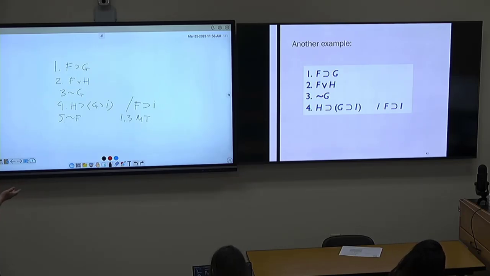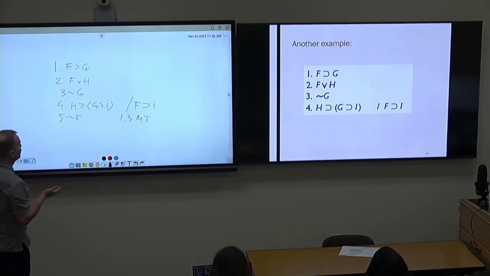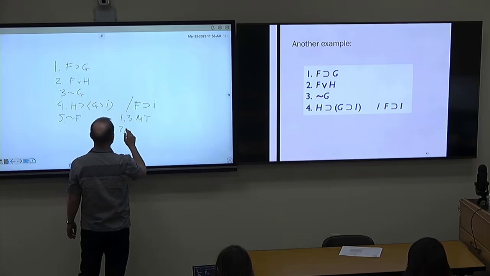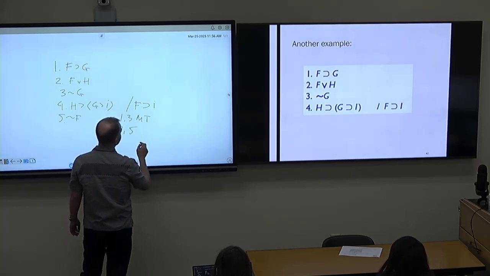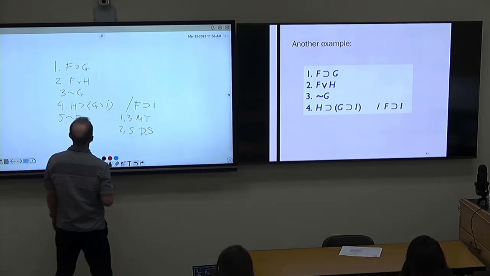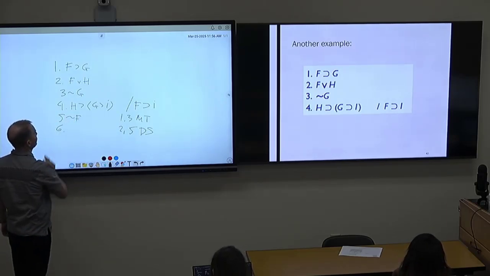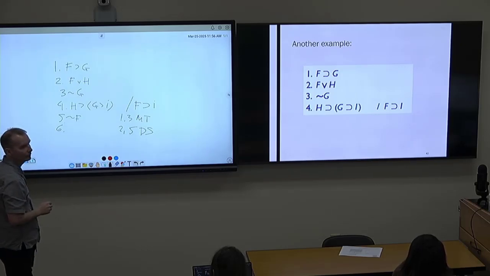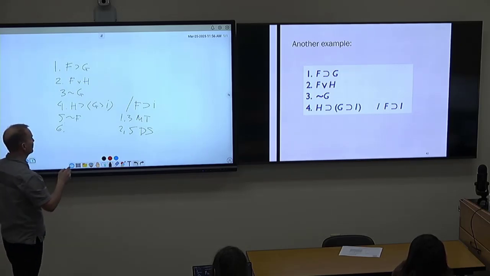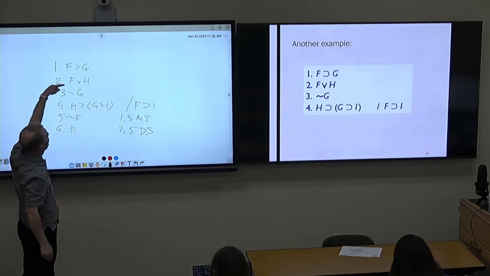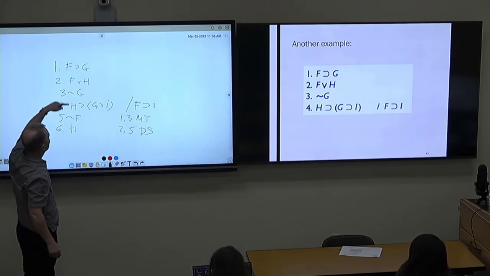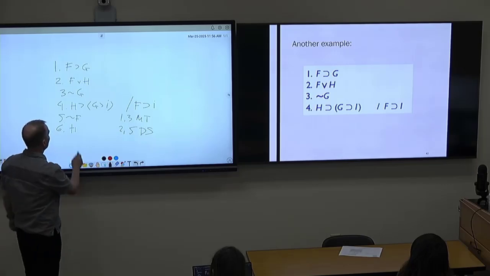This is not F. Lines 2 and 5, exactly. And what we're going to get here, which rule? Disjunctive syllogism, and we're going to get in this line H. Because you see we have either F or H, not F, therefore it will be H.